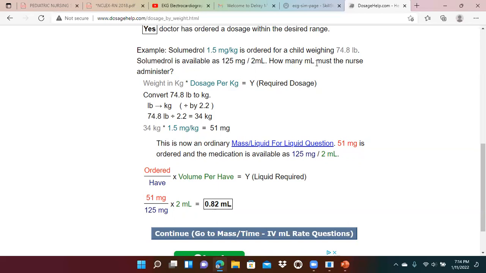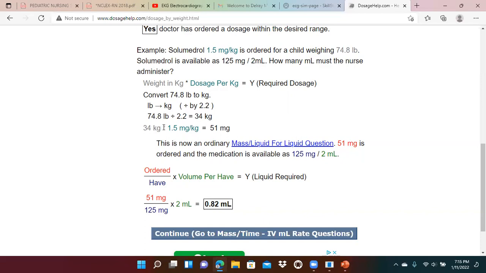How many ml must the nurse administer? So first of all, body weight in kilogram times dose per kg, so it is the required dose. Convert pound to kilogram. So pound, when you convert to kilogram, divided by 2.2, 74.8 divided by 2.2, 34 kilogram.